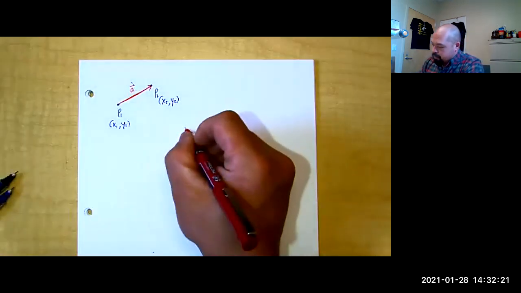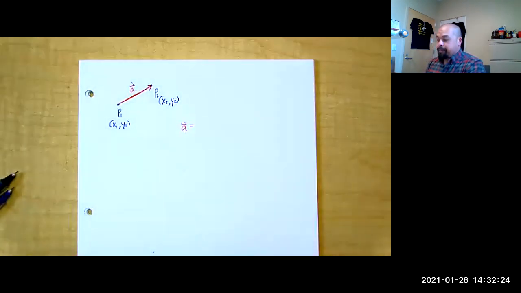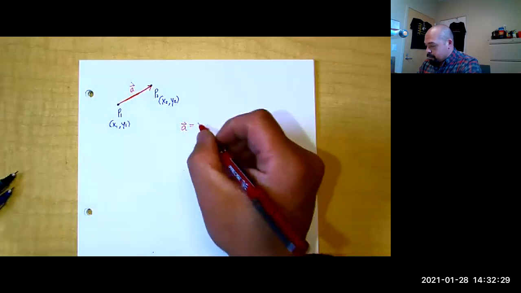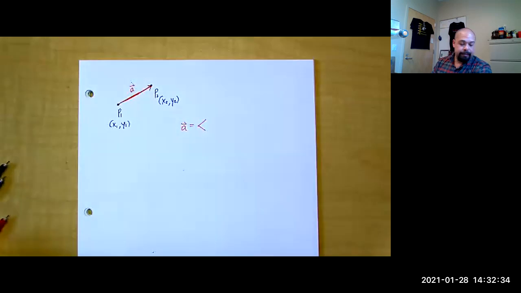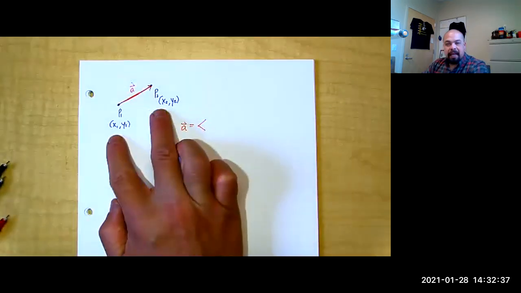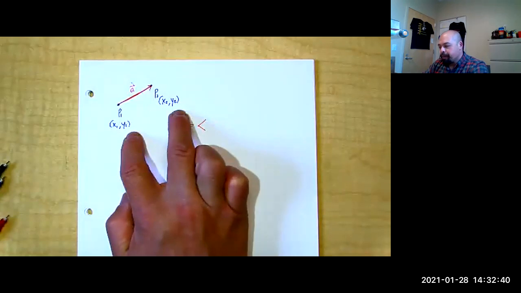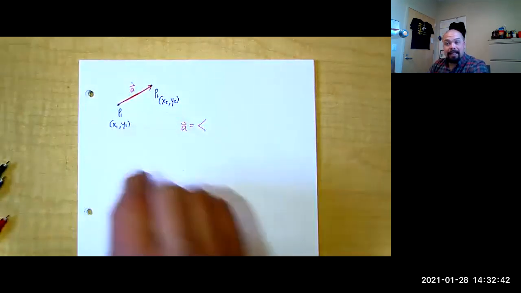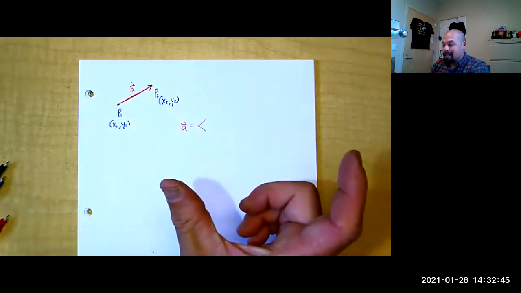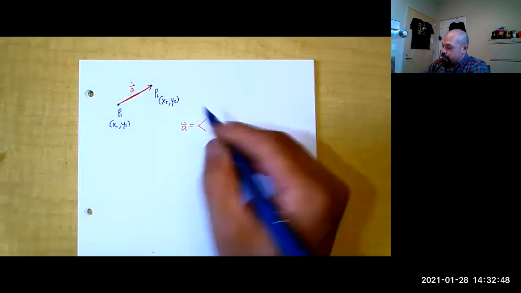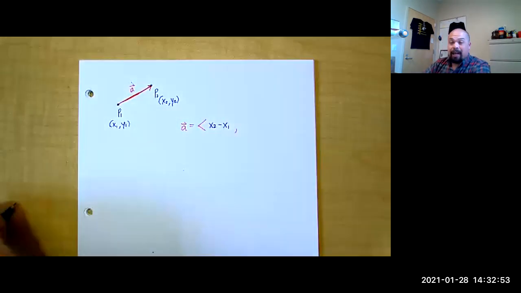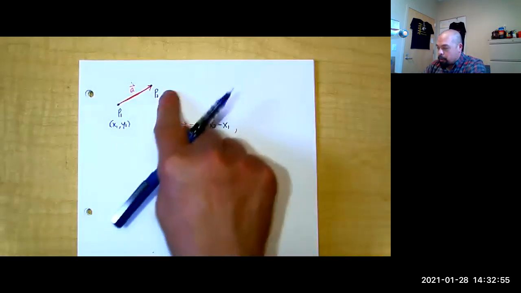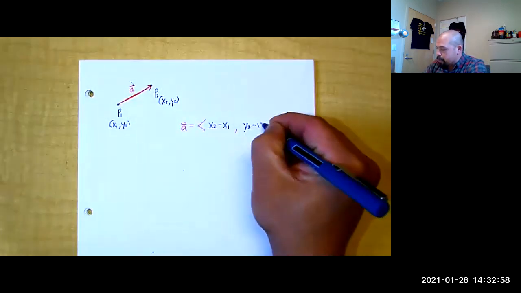So that vector A can be represented as this notation here. We can use these angled brackets. And now, staying with x coordinate, y coordinate to find how far we're going, that distance in the x direction is x2 minus x1. And then for our second component, how far we're going in the y direction, y2 minus y1.